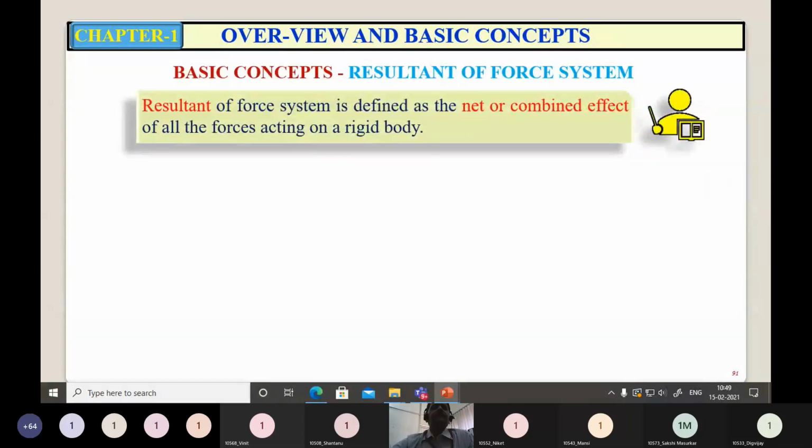Resultant of a force system is defined as the net or combined effect of all the forces acting on a rigid body. If a number of forces are acting on a body and all those forces are replaced by a single force so that the effect of those forces remains the same, then that single force is known as the resultant force. Is it clear?